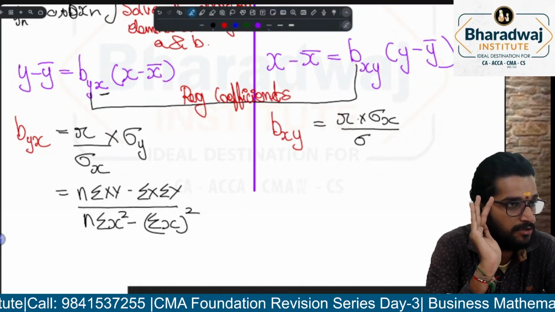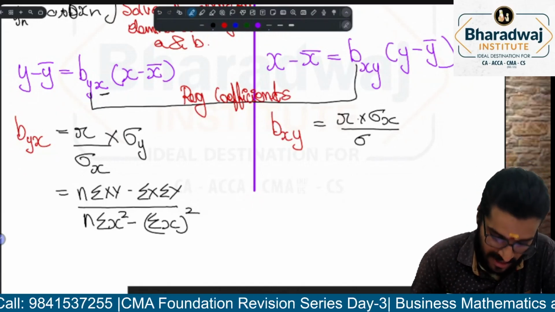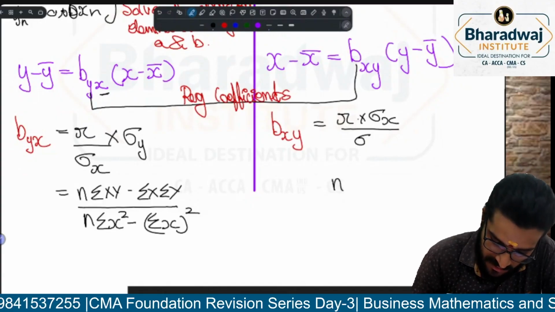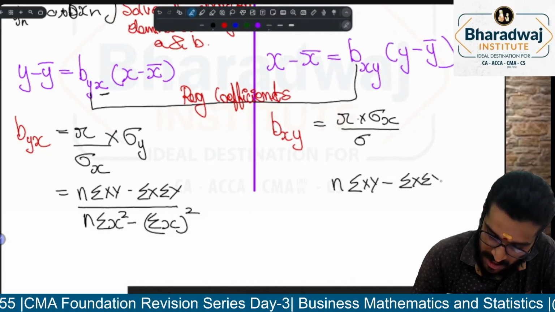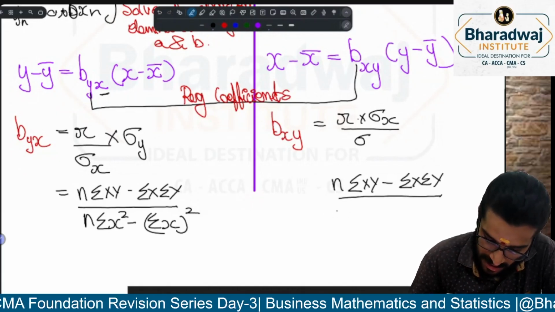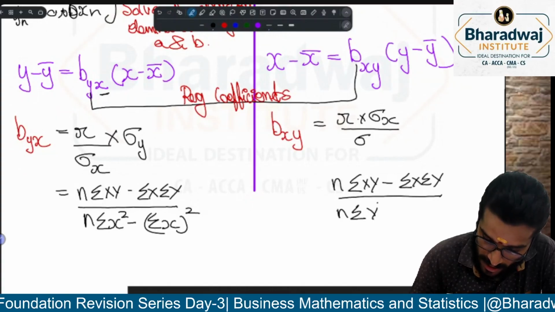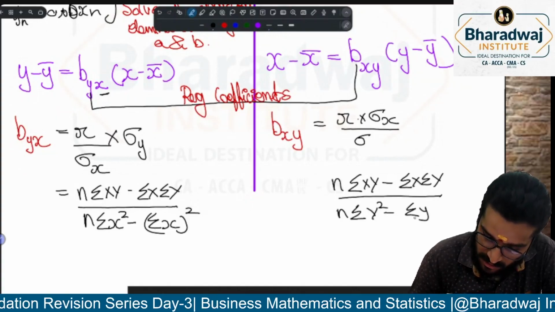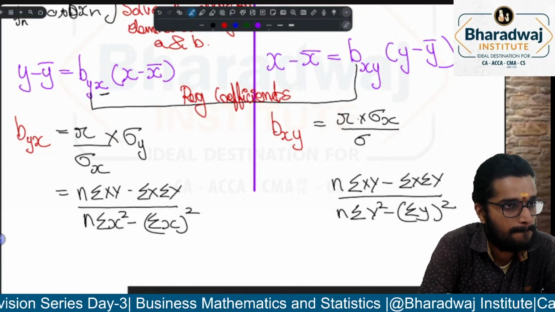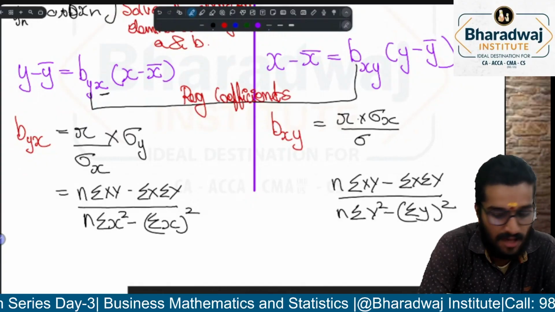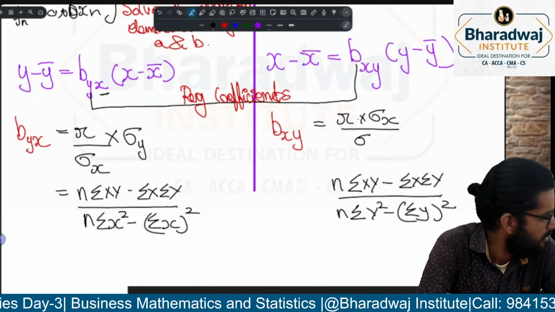You don't need to put root here. Similarly here, n times summation xy minus summation x summation y divided by n times summation y square minus summation y the whole square. The same type of formula, you don't need to put a root here.